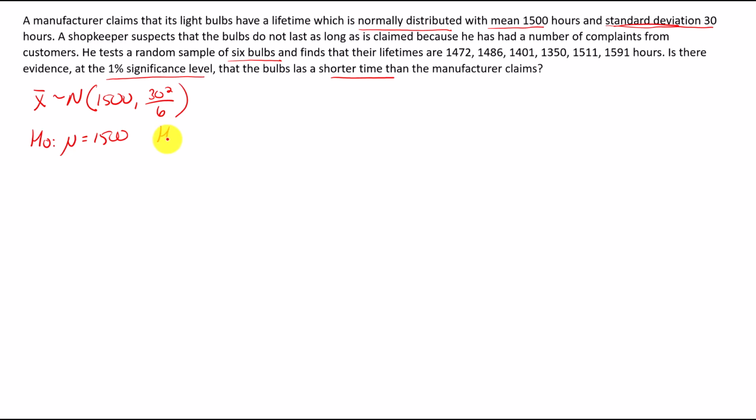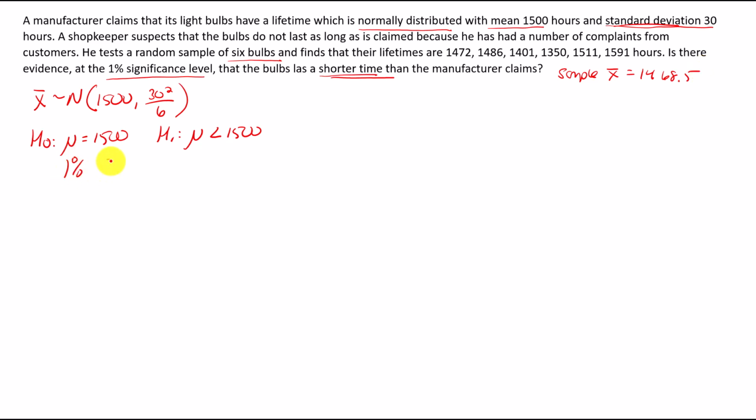And we're going to state our alternative hypothesis, which is that in this case, mu is less than 1,500 because we're trying to test to see if there's a shorter time. Okay, I do need to find the mean of my sample. So my sample mean here, when you add all those up and divide by 6, you get 1,468.5 as my sample mean.